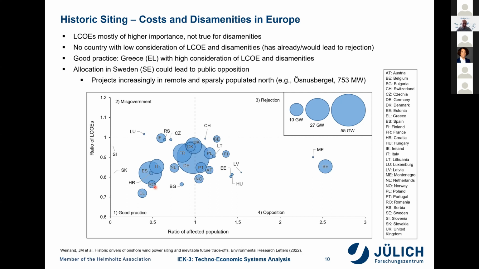And as you can see, the bubble size indicates the capacity that is already installed in the countries. And as you can see, for most of the bubbles, so for every country, the LCOE ratio is below 1, which again shows that LCOEs were of high importance in plannings in the past.